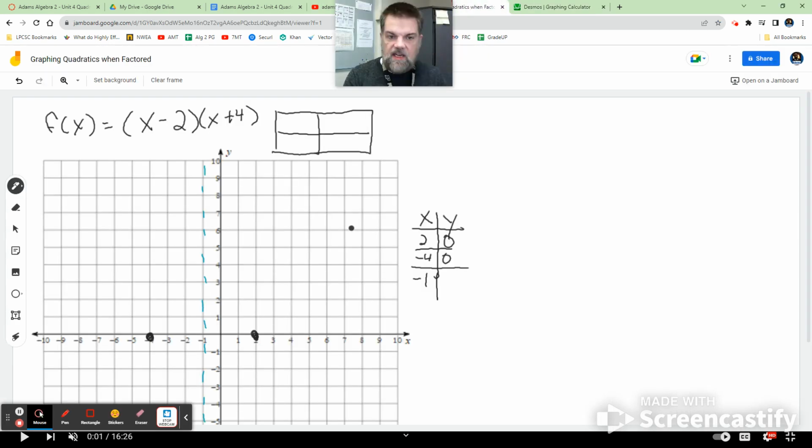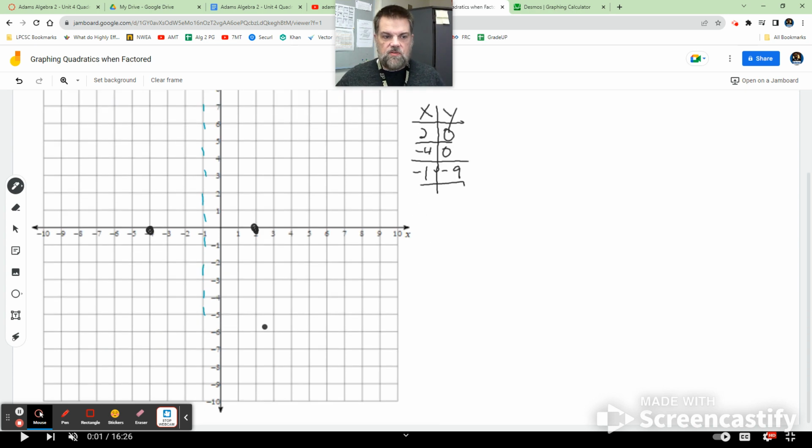So we said that when x equals -1, this was -9. And I gotta zoom down here. -1, comma, -9. I suppose we should start labeling these. So this was 2, comma, 0. This was -1, comma, -9. This was -4, 0.